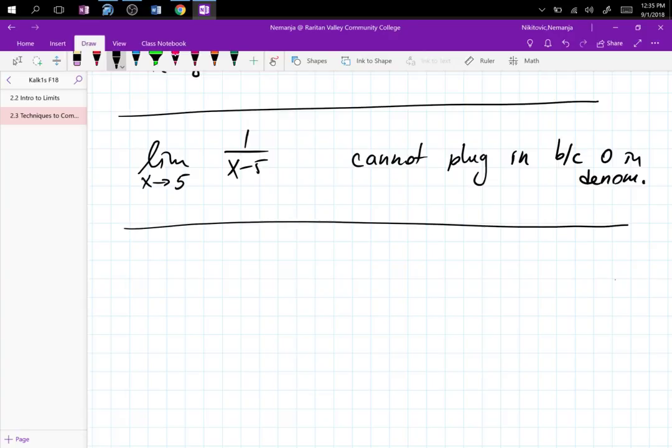So let's take a look at algebra. What happens if you have 0 in the denominator? Well, it's not all lost, right? You can do the graphs and charts. So if you do have the limit x goes to 5 and you want to deal with x minus 5, it is your job to know that the minus 5 part means shift 5 where?